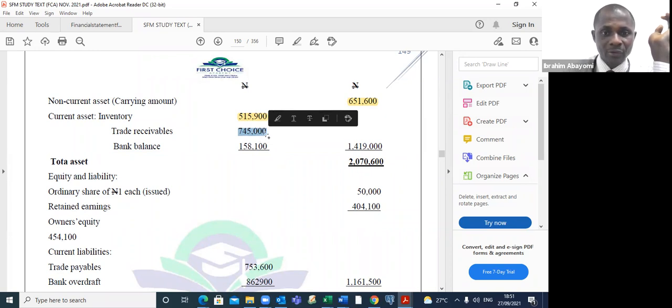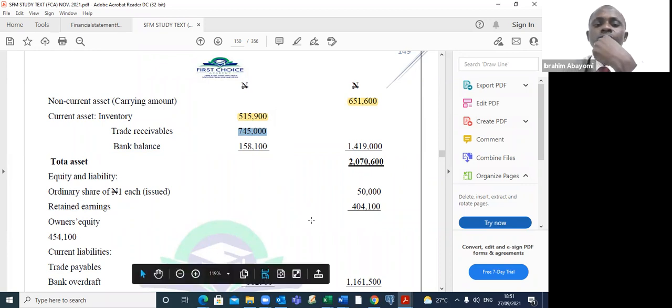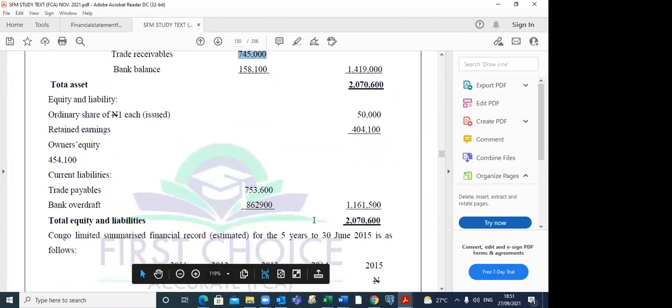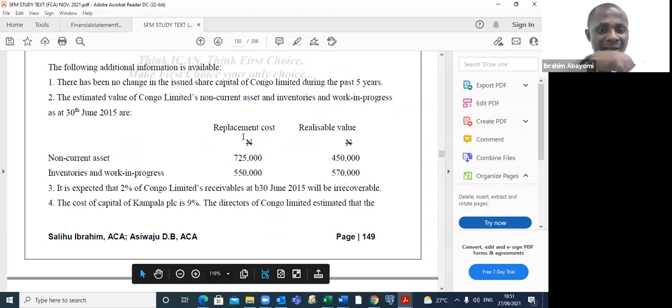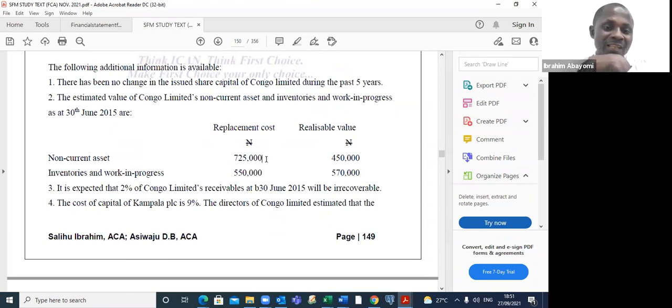What do we have? 745,000 plus 158,100 will give us $903,100. The ones that have replacement cost, you use their replacement cost to replace their statement of financial position value. So it now becomes plus 725 plus 550,000.